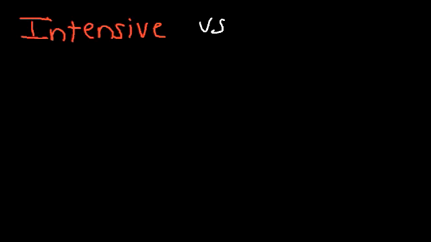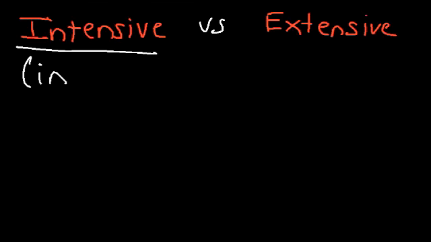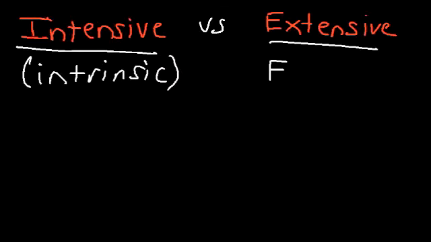So now, what is the difference between an intensive property versus an extensive property? An intensive property is the same as an intrinsic property, and an extensive property is the same as an extrinsic property, just so you know.